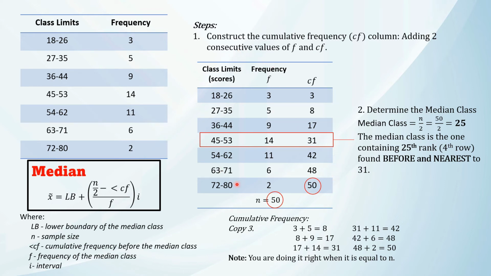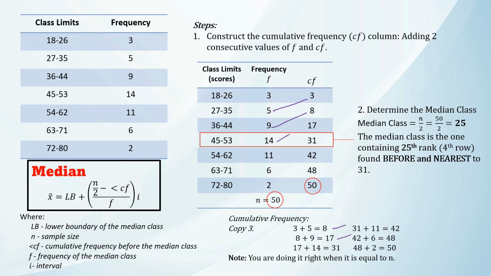Here, this part is already given. So how can you find CF? First, you copy frequency 3 as the first CF. Next, you add CF and F. You add 5 and 3, we have 8. You add 9 and 8, we have 17.